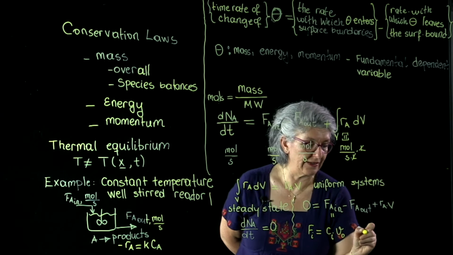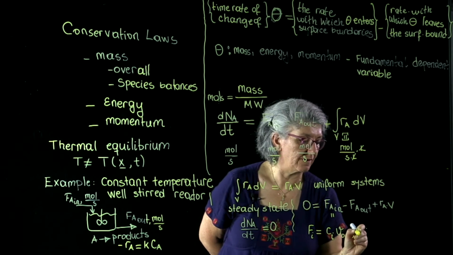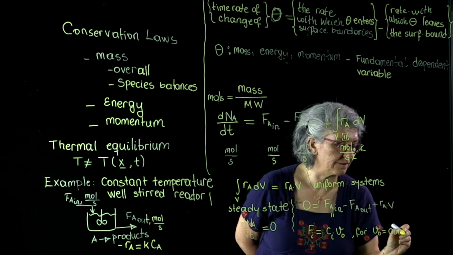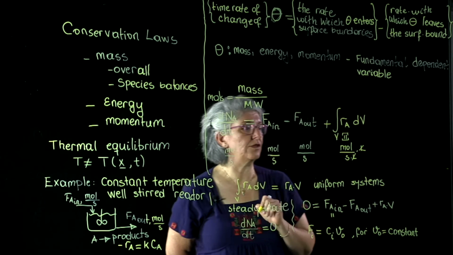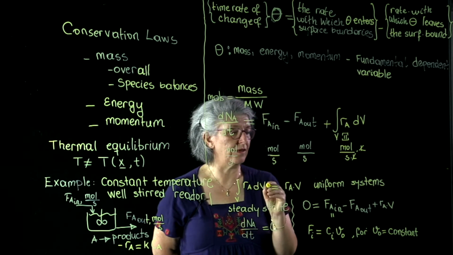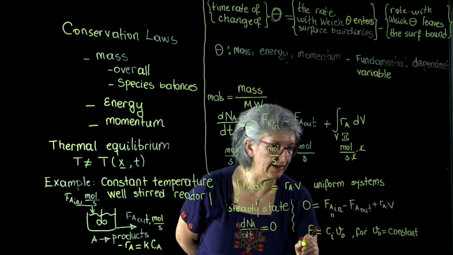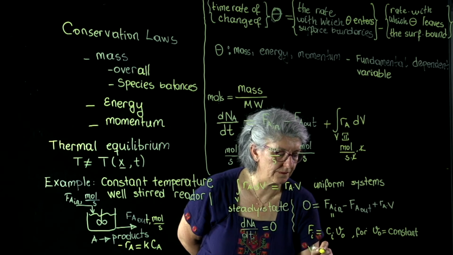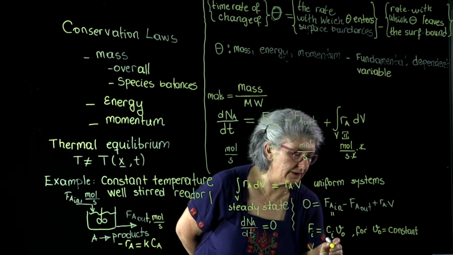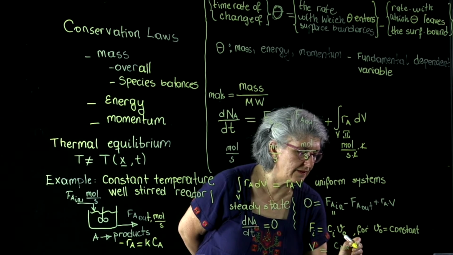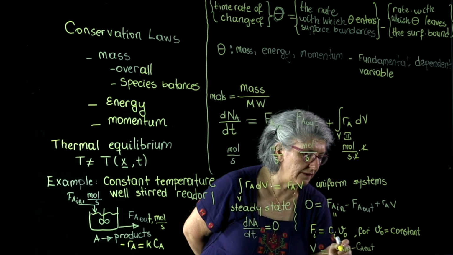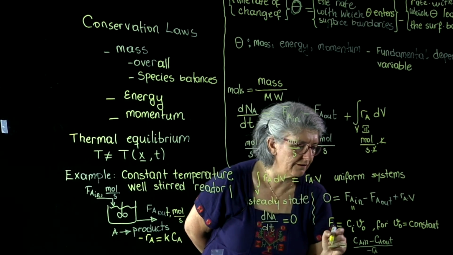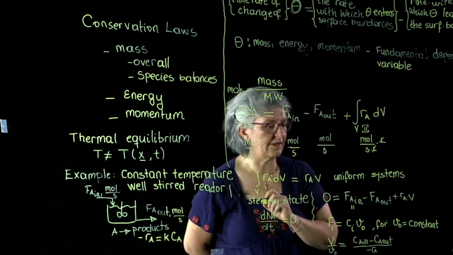I will say that for situations that we have volumetric flow rate that is constant, in other words, it is not changing with respect to time, this equation is going to simplify as V to be equal to C_A in minus C_A out divided by minus r_A, and I'm going to carry v_0 onto the side of this equation.